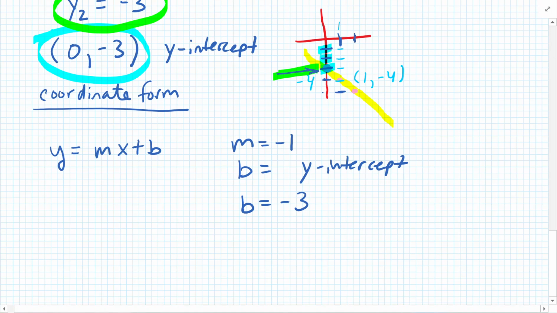Okay. Now that we have our values for m and b, we can substitute into the equation. We're going to leave y and x alone. We're going to write those again. y equals slope. What is the slope? It's -1.